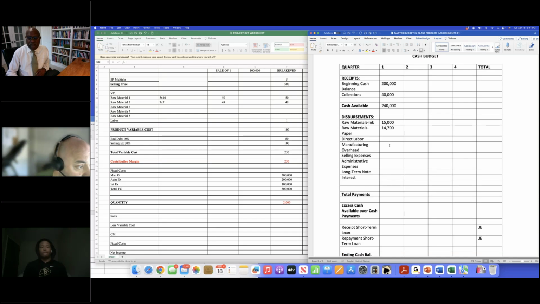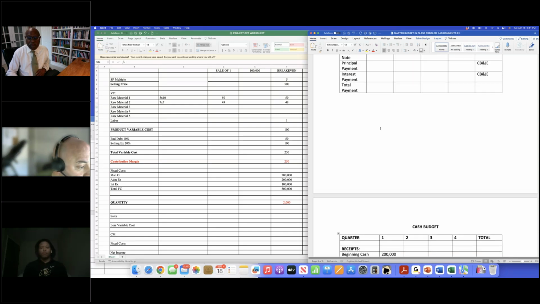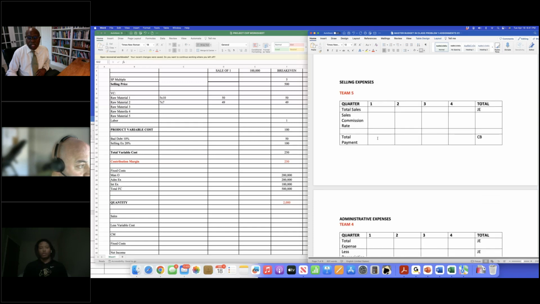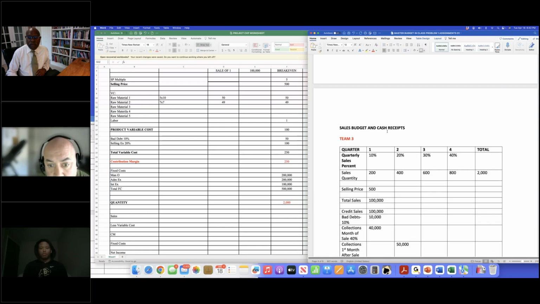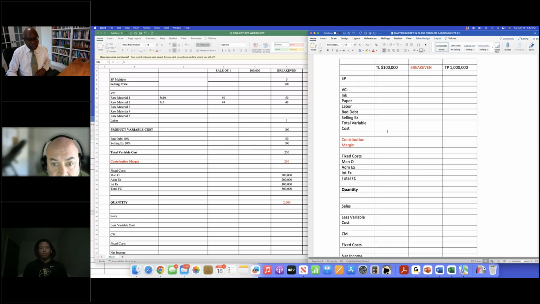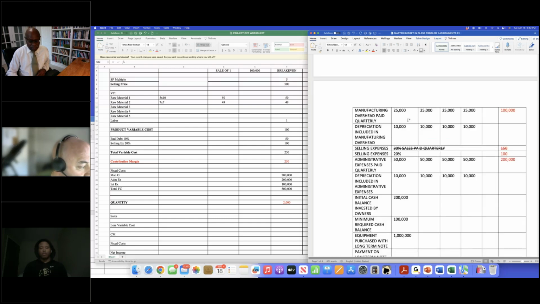Now let's go to the manufacturing overhead. Quarterly, the manufacturing overhead was a fixed cost, 25,000, but 10,000 of it was depreciation.